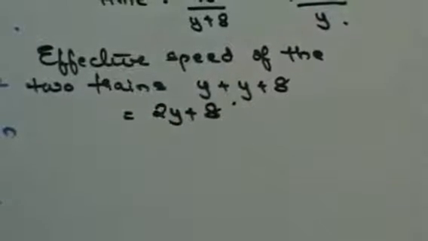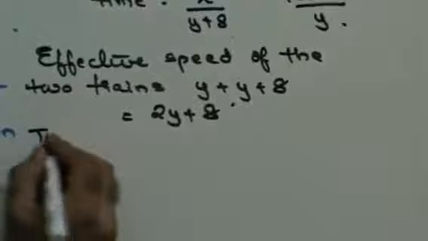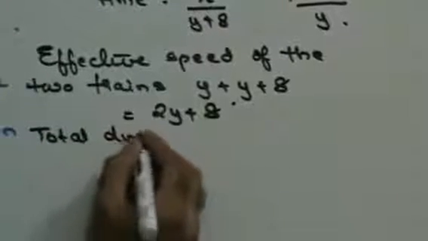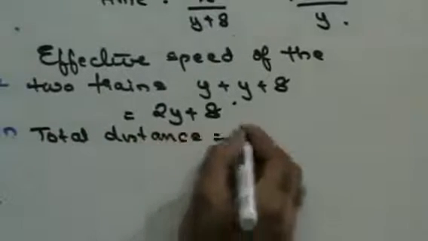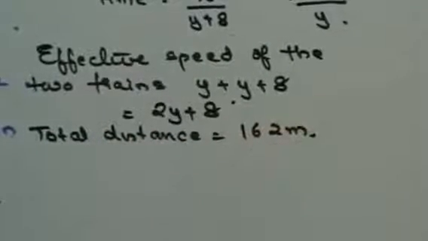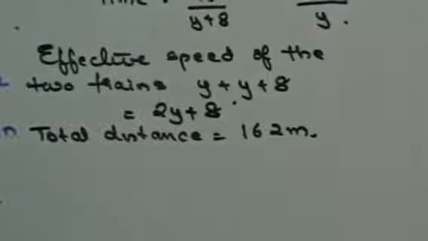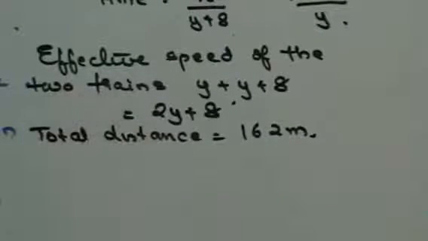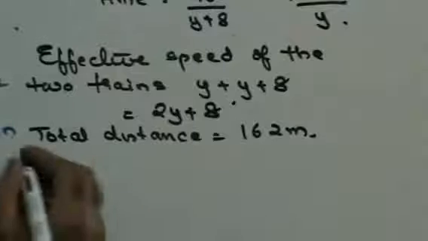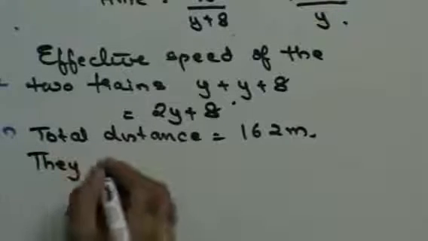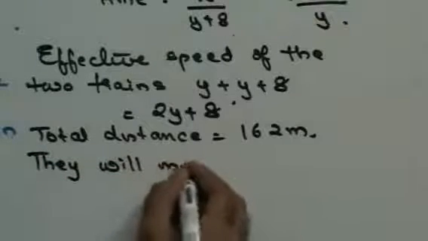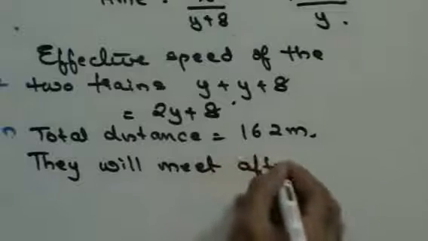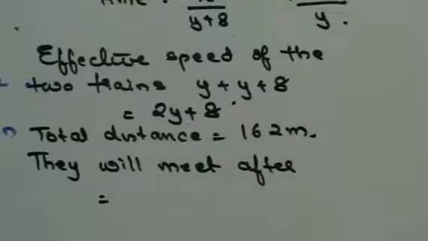Right? Now, the total distance that they have to cover is 162 kilometers. Right? That means if this is the distance they have to cover and this is their speed, then they will meet after time, which is nothing but distance upon speed.